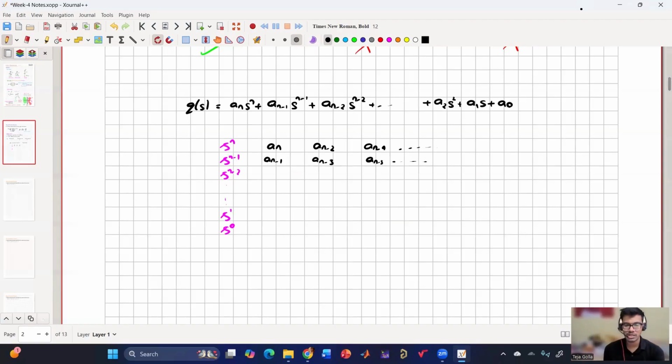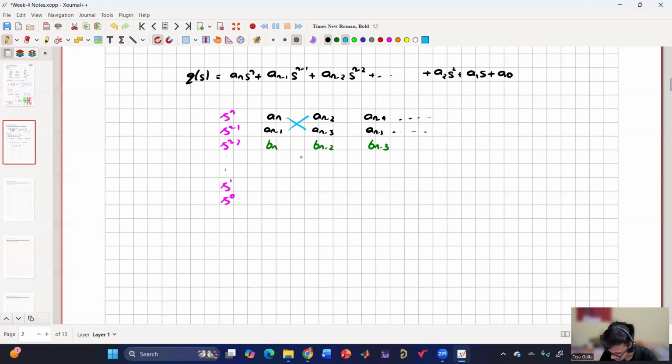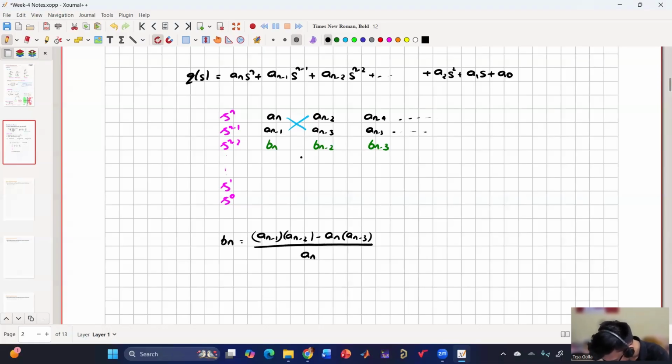From s to the power n minus 2, we have to calculate the coefficients and enter the values. Here say it is bn, bn minus 2, bn minus 3. bn is calculated using these four terms: an minus 1 into an minus 2 minus an into an minus 3, divided by an minus 1.